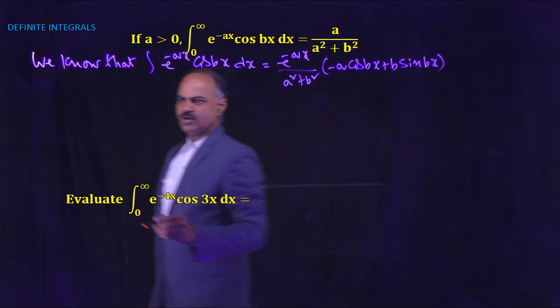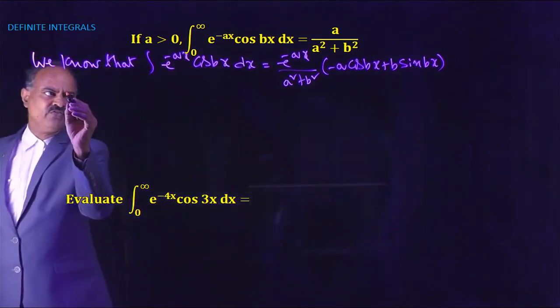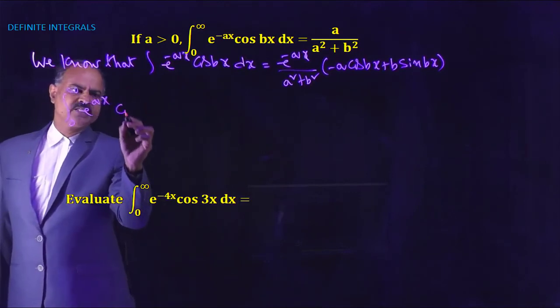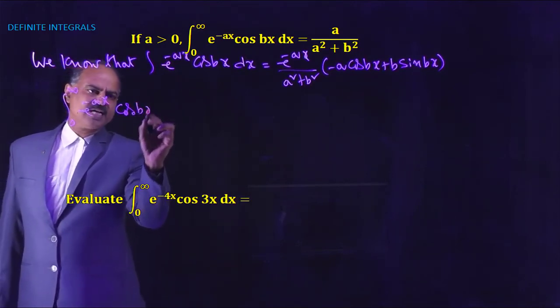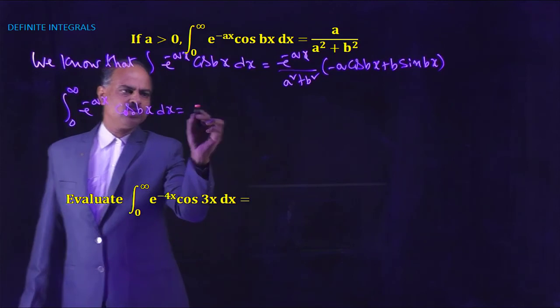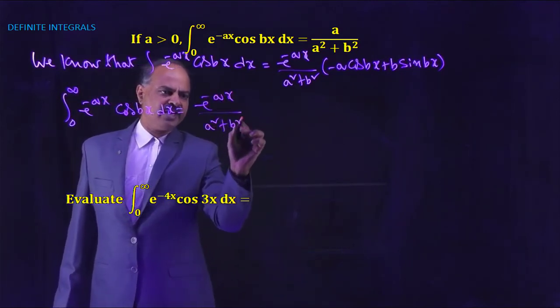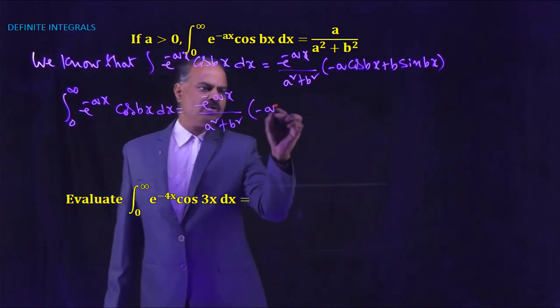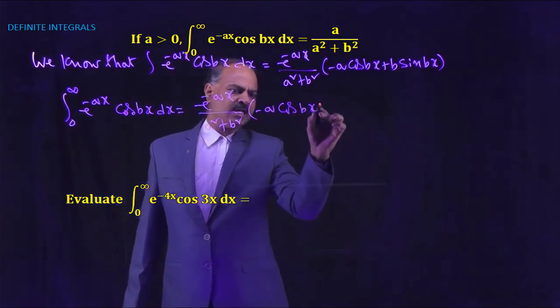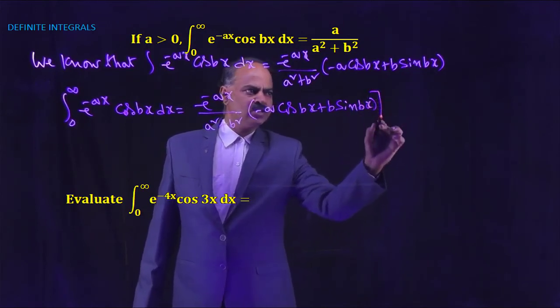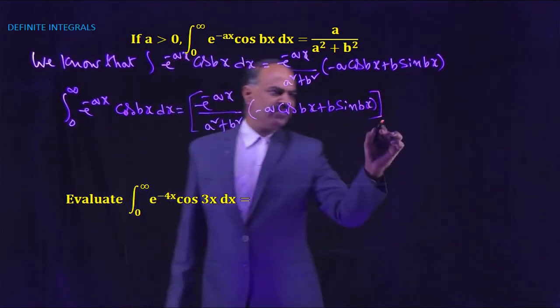So here, integral 0 to infinity e power minus ax into cos bx dx equals e power minus ax by a square plus b square into minus a cos bx plus b sin bx, with limits 0 to infinity.